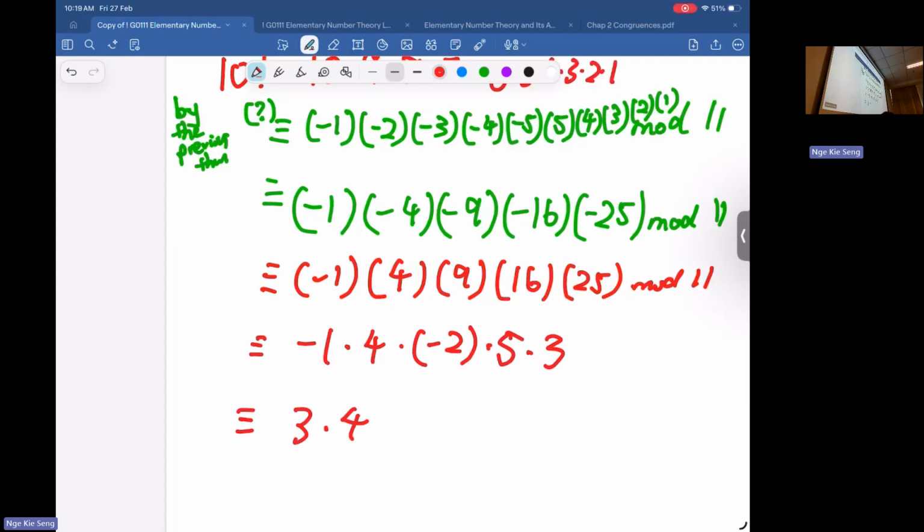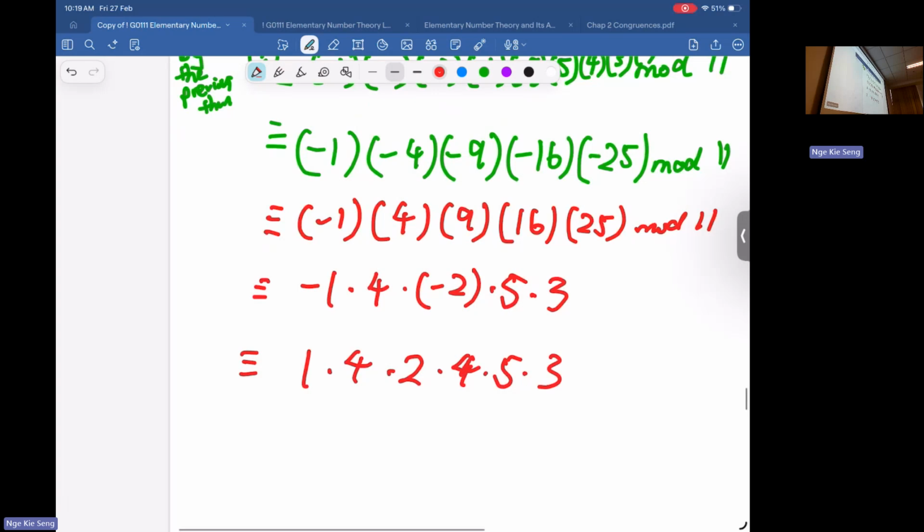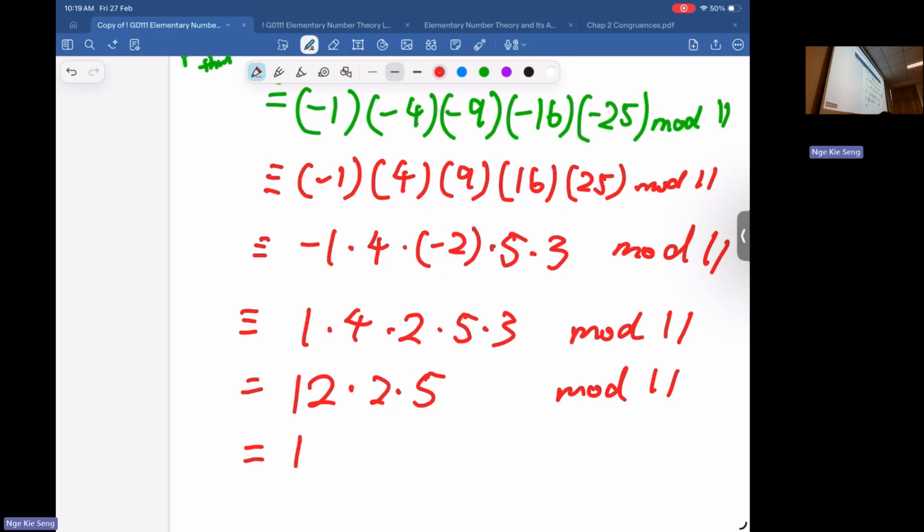So you can do it like this: 1 times 2 times 4 times 5, 3. Like what Isaac said, or maybe you make it 12 plus 4 times 3. Why is 12 nice? Because it's just 1 more than 11, so it becomes 1 again.